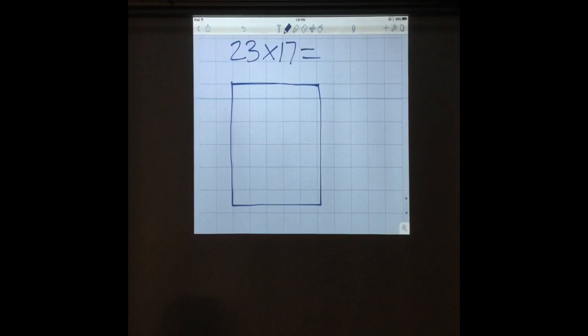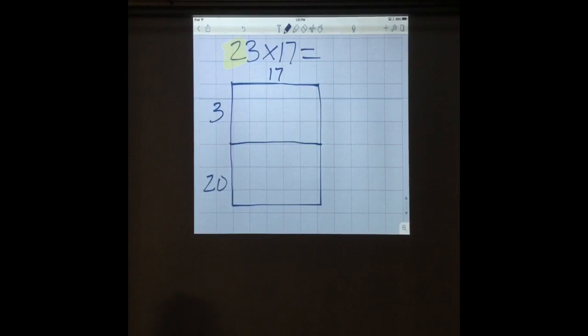So how could we break this up? Well, we could say that this is our 3, and we could divide it here, and we could take our number here. What is that? Is that a 2? No, it's a 20. And then up on top, we could have our 17, right? We could do it that way.